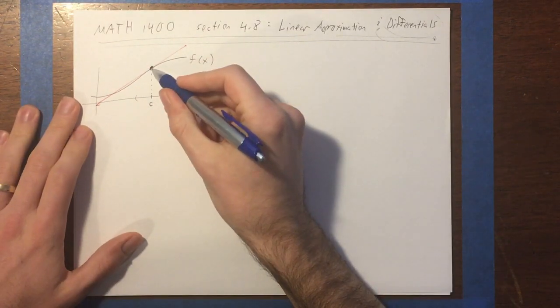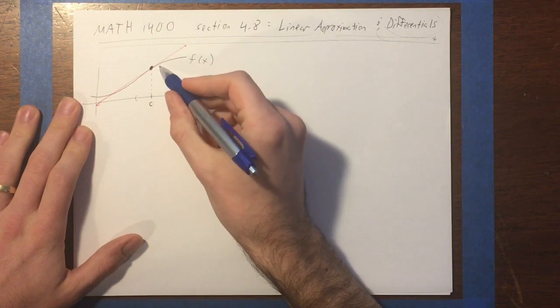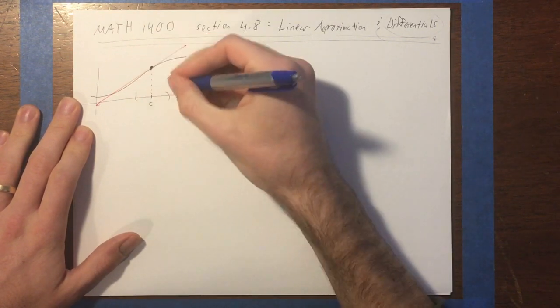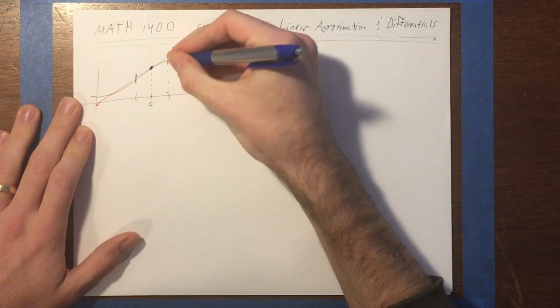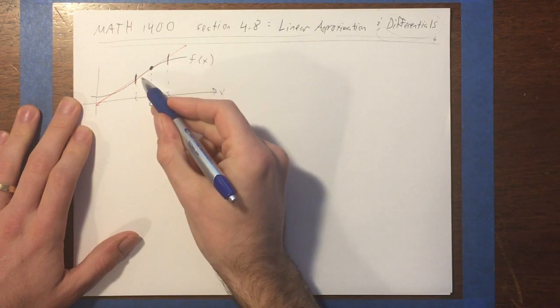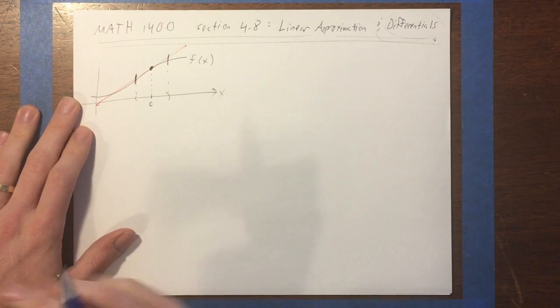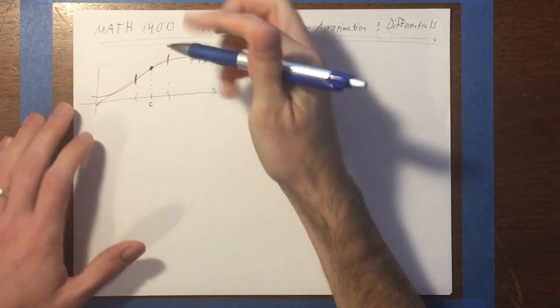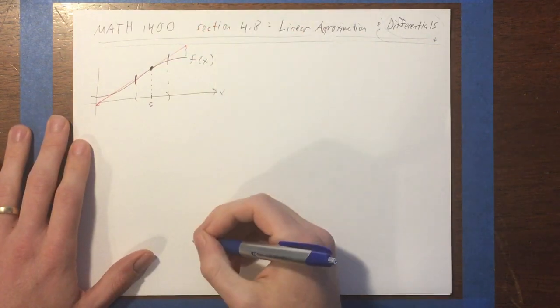Near that point on the graph, this tangent line and the actual function itself are really close to one another. So if we focus on what's in between these two lines here, on that segment of the function, the line and the curve are pretty darn close. The vertical difference between them is small. It gets bigger the farther away you go.